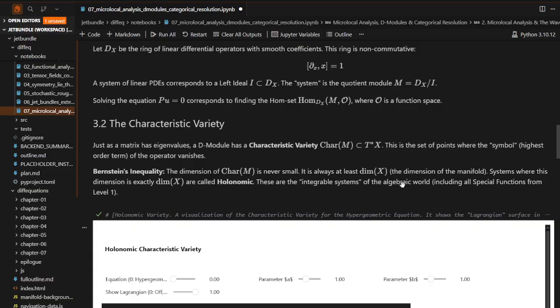These are the integrable systems of the algebraic world, because we literally solve this equation and find the Hom set. So again, the algebraic world, including all special functions from level 1, or from the first video.